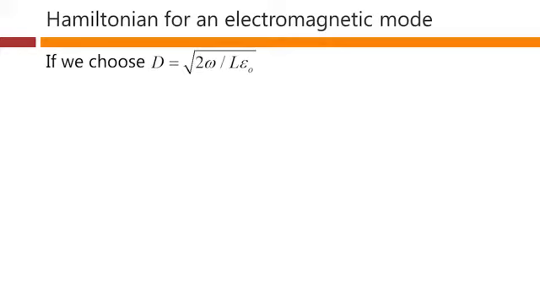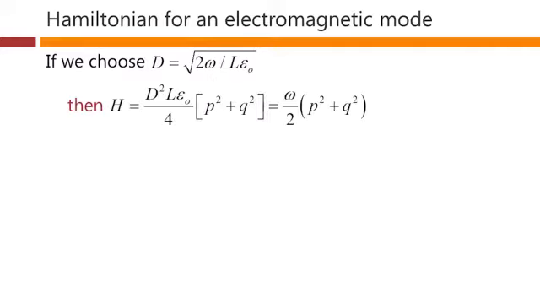Well, the choice that works is to choose D equal to the square root of 2 omega over L epsilon naught, so that therefore our Hamiltonian, which previously we wrote out like this, just becomes omega over 2 times P squared plus Q squared.